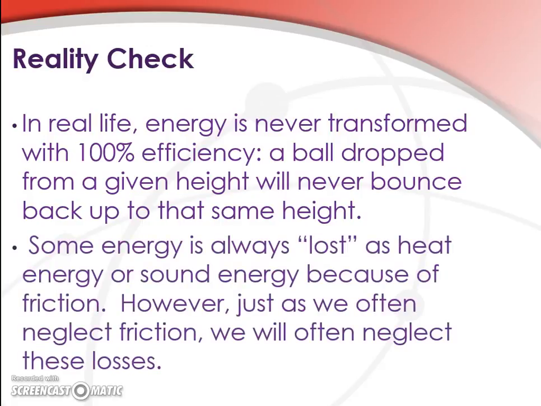We always lose some energy. It'll be heat, it'll be sound, it can just simply be moving air around. But for most problems that we're working on in grade 11 physics, we're going to ignore that, and in fact we can get pretty good results for a lot of the things we do while we neglect those losses.